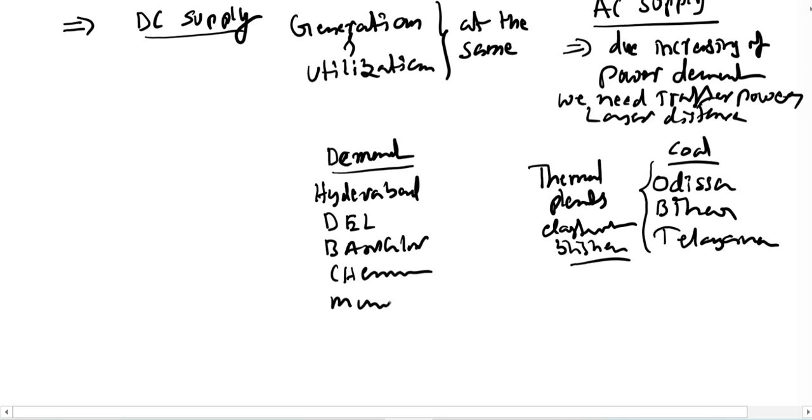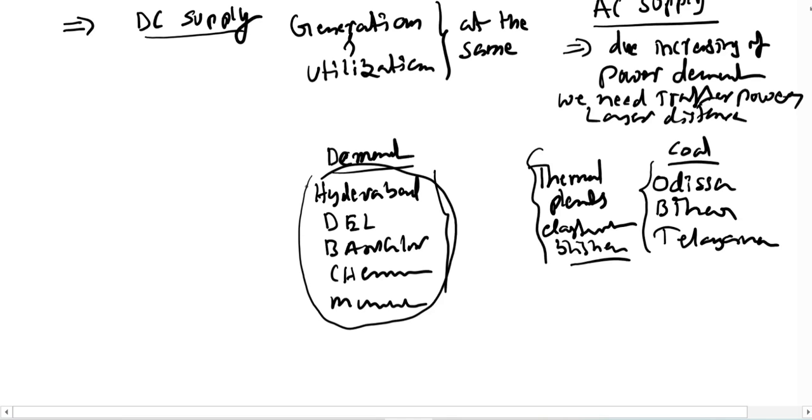These are the major loads we have, and my power plants are far away from these major loads, isn't it? Because these generating stations are constructed near the coal mines.